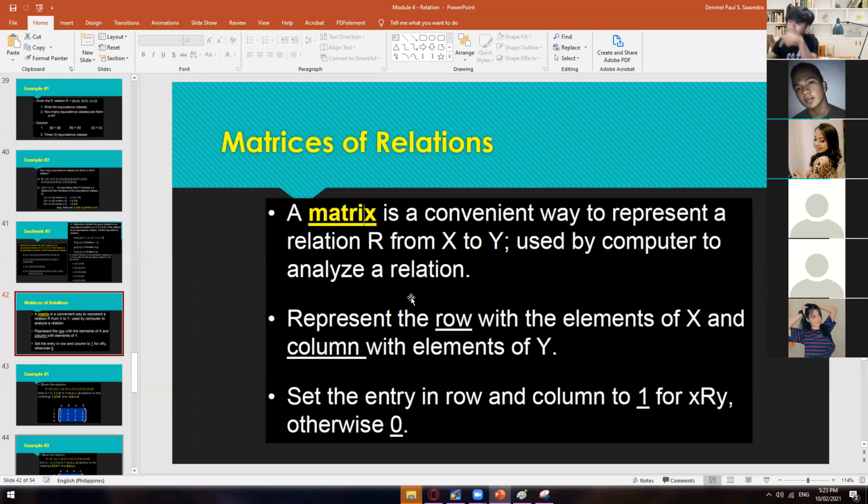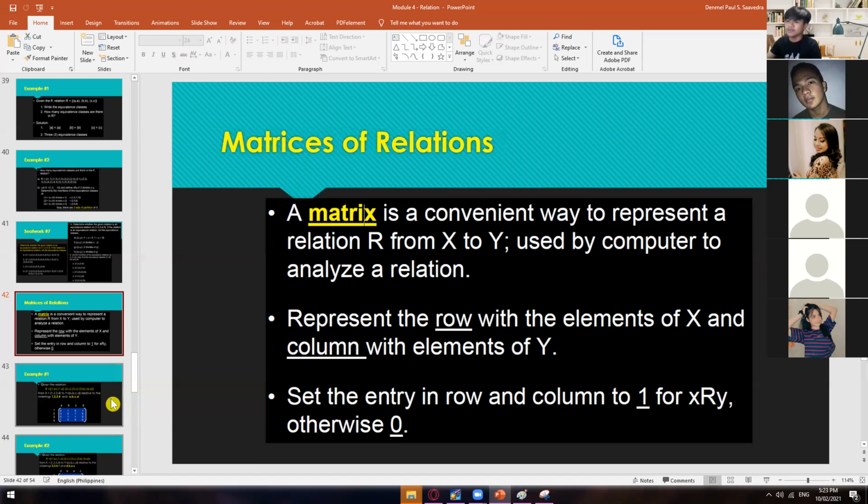And if that coordinate is in relation with each other, then just put there 1. So that's the only difference between a matrix and an X and Y graph. All right, so just take note on this one. Row is representing the X elements, and column is representing the Y elements.